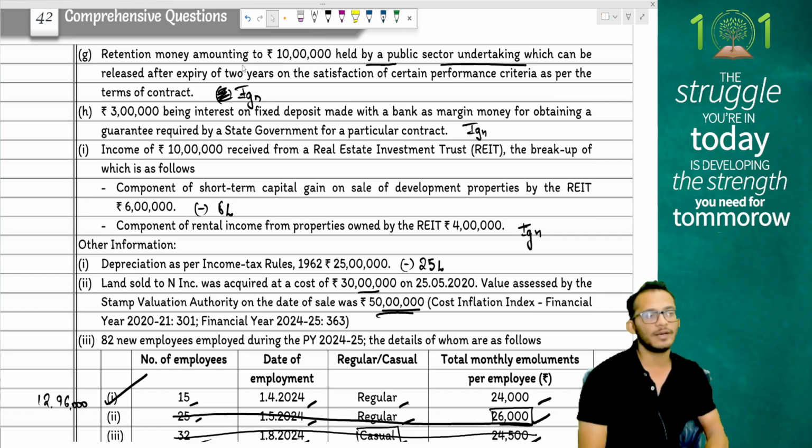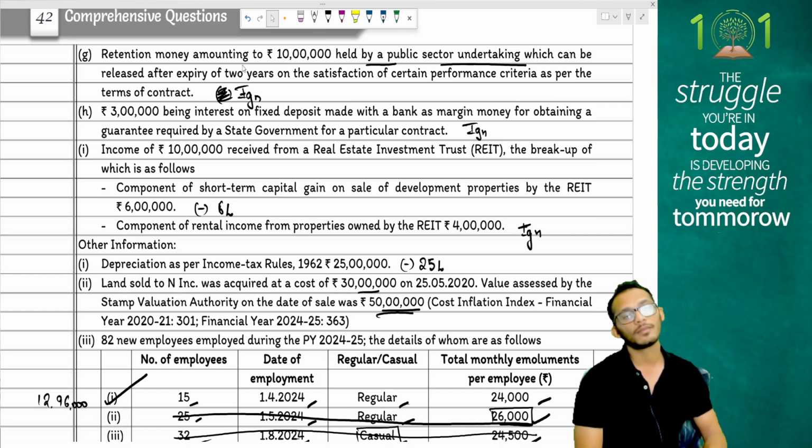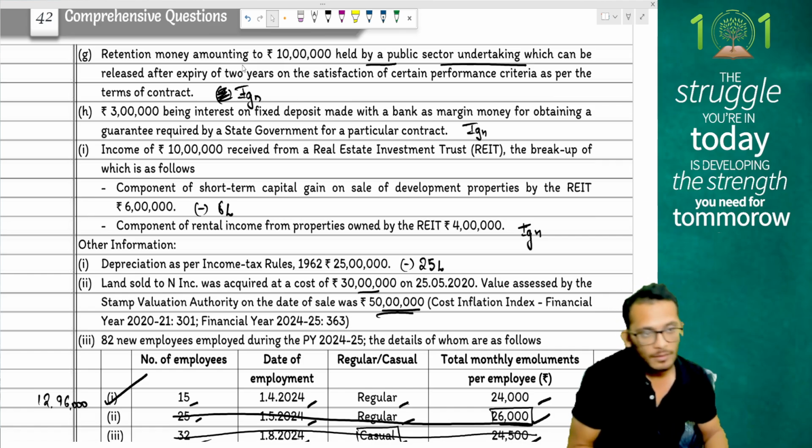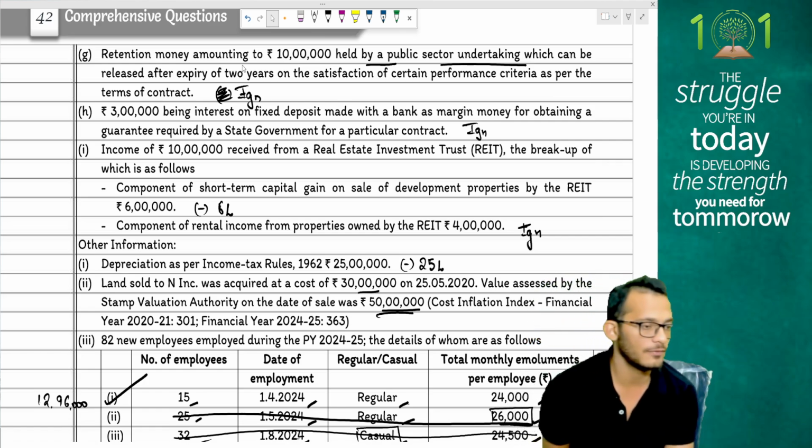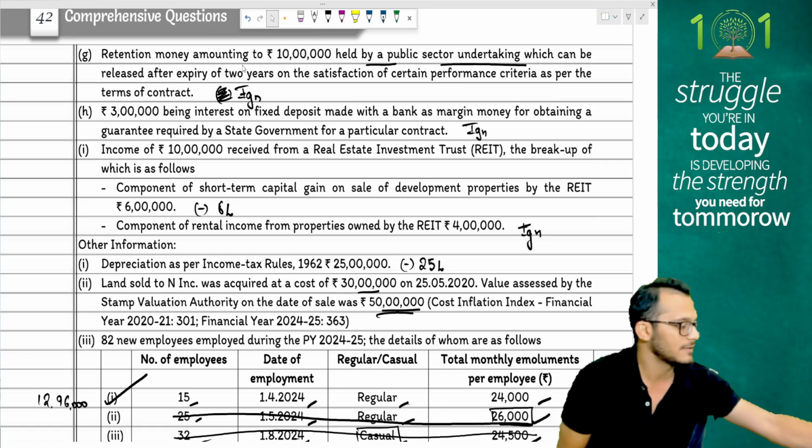No adjustment is required for the rental income, as the same is taxable for the assessee.